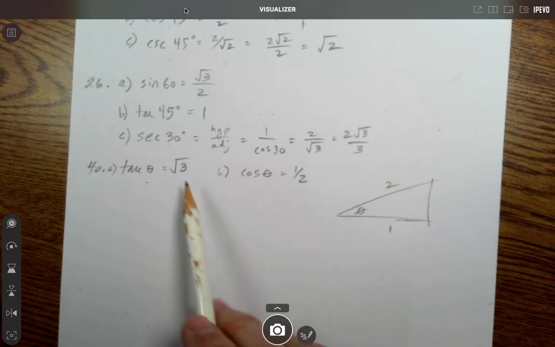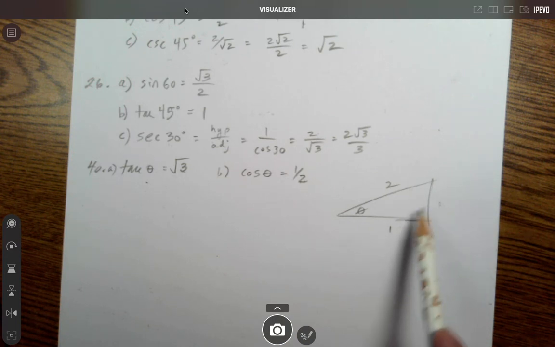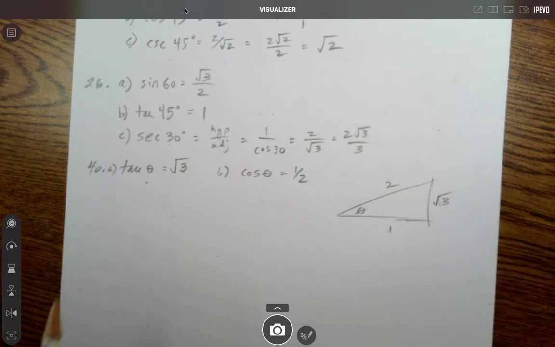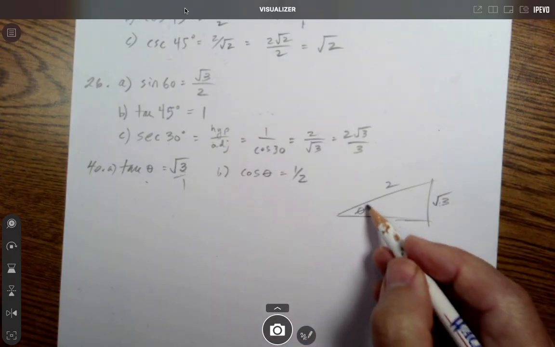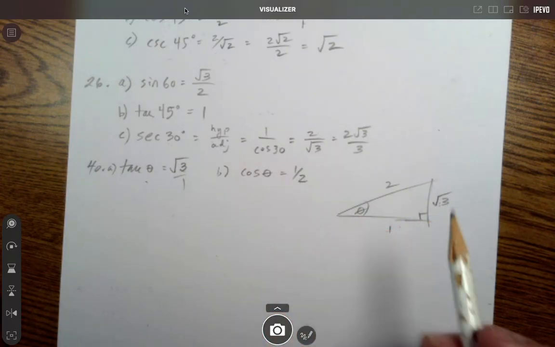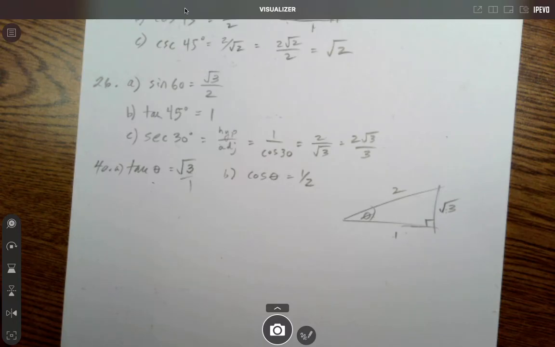And then this square root of 3 is this over this, right? Tangent is opposite over adjacent, so that's got to be the square root of 3, because that's square root of 3 over 1. Okay. So what I'm looking for then is, what is the angle? What is the angle? And it says without the aid of a calculator.